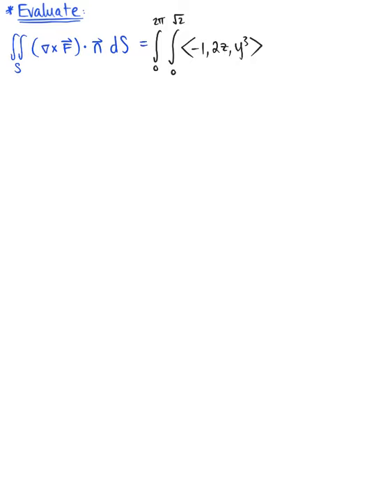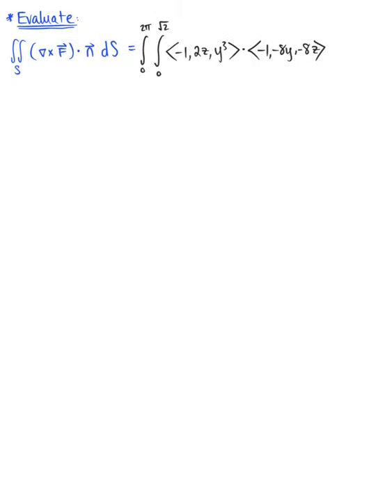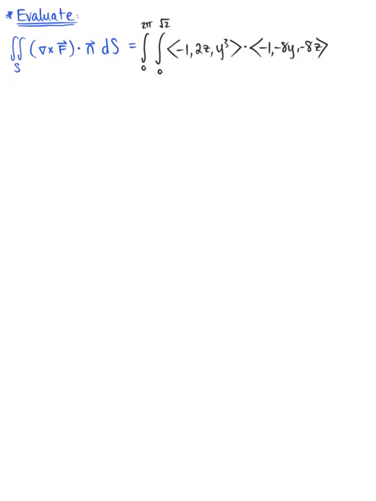y cubed, and this is dotted with that normal vector in the negative x direction. So it's minus 1, minus 8y, minus 8z. And then don't forget, because we're integrating with respect to our polar coordinates, we'll have the differential r dr d theta. All right, so let's compute that dot product.